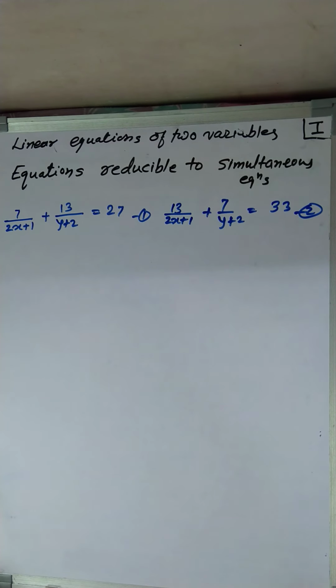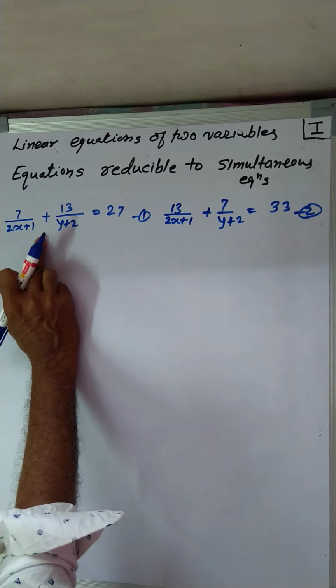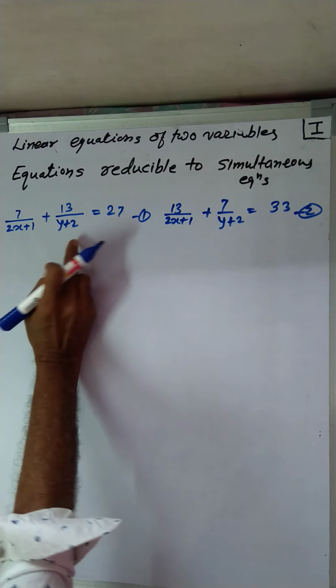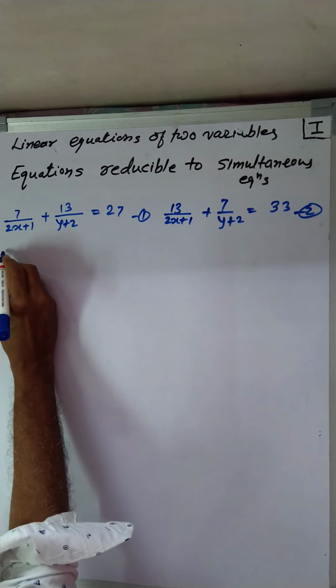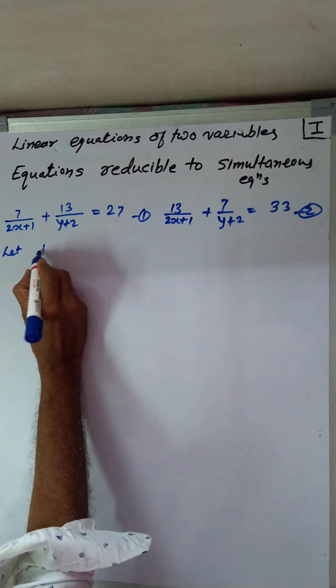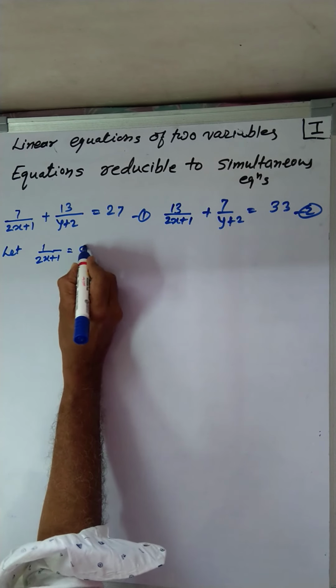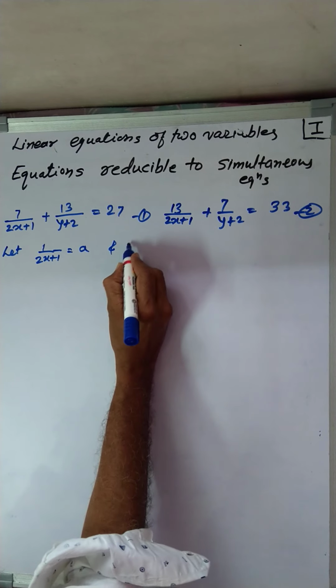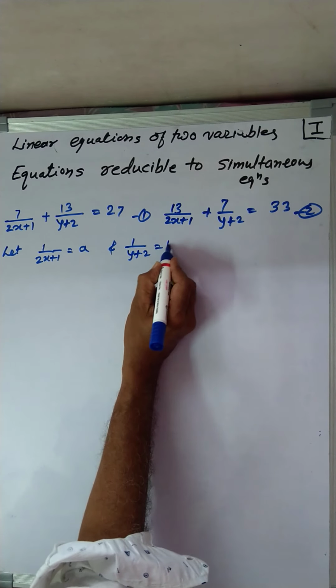Now here, 1 upon 2x plus 1 we get one variable, and 1 upon y plus 2 that is another variable. Let us substitute this. Suppose 1 upon 2x plus 1 is equal to a and 1 upon y plus 2 is equal to b.